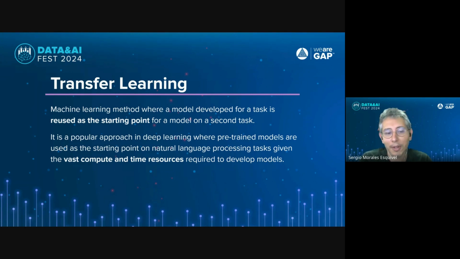This is a very popular approach in what's called deep learning. This isn't exclusive to natural language processing, but it's also very much used in voice processing, in computer vision, and other modalities of machine learning that do not necessarily relate to text, where pre-trained models are used again as starting points on tasks, given the vast compute and time resources that are required to develop those models in the first place.